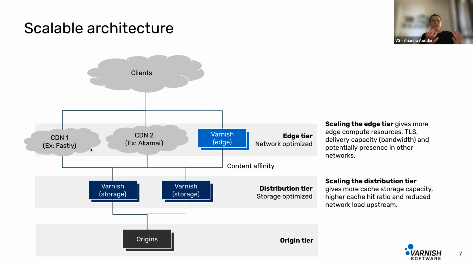But it's expected because we're going to use all the available memory we're going to have on these tiers or in these nodes. So expect Varnish or any other CDN solution to use all the available storage on this layer.